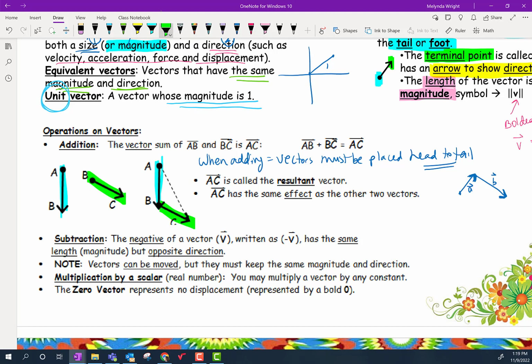We just took vector BC and slid it down and connected it. The resultant vector is the vector that connects the original beginning to the end.